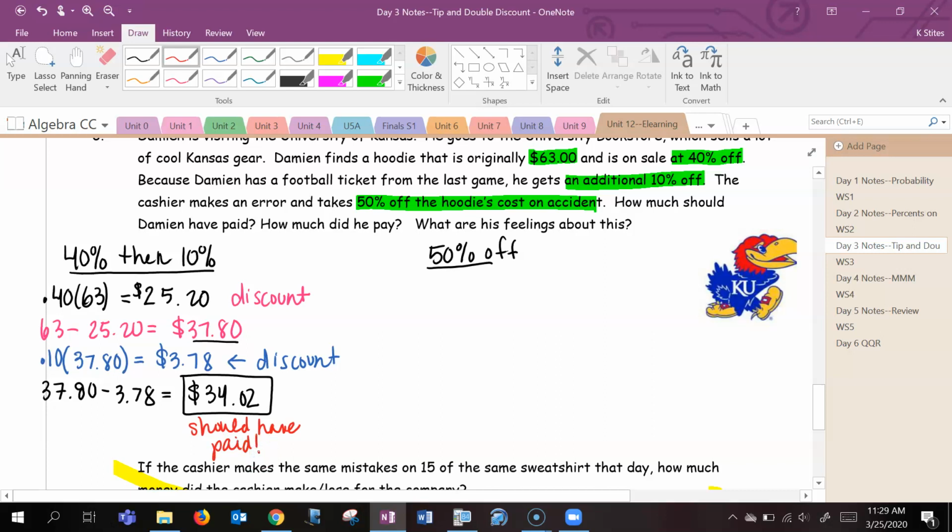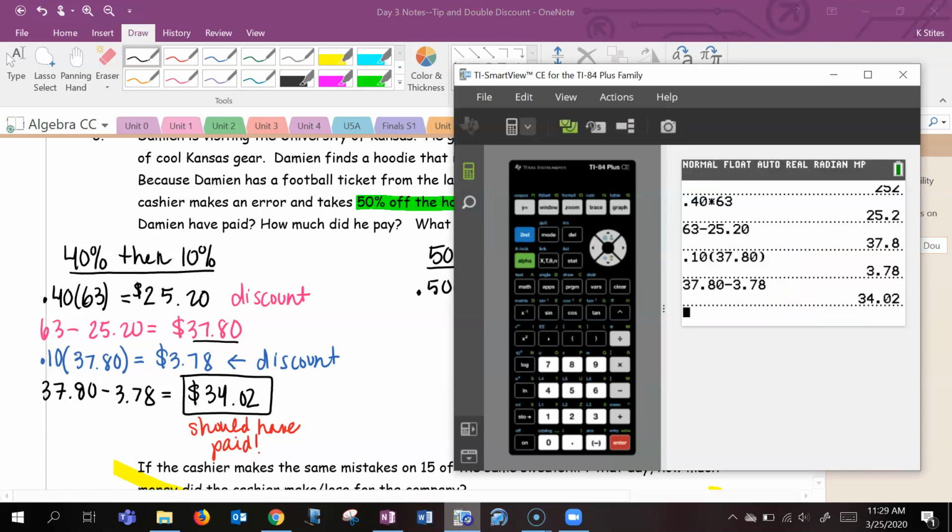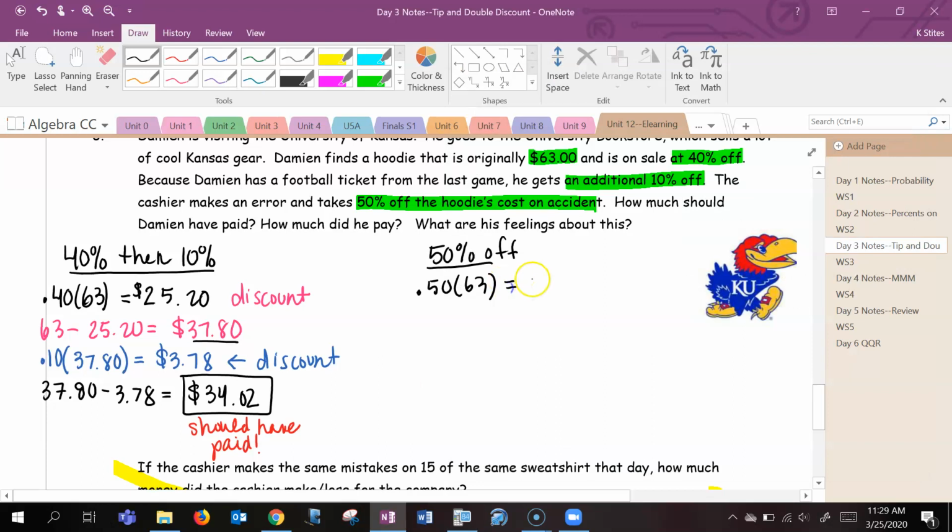But that is not what happened. What happened is that he just got 50% off. So that's 0.50 times our $63 hoodie. And that's $31.50. So when you're taking 50% off, that's just half, right?